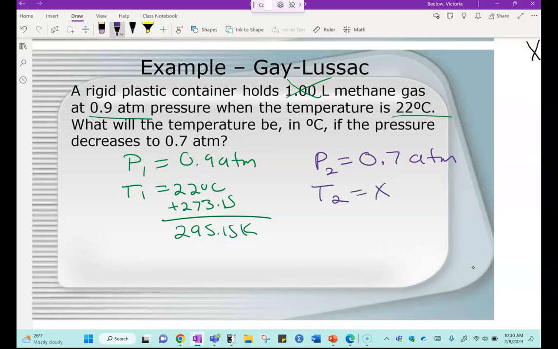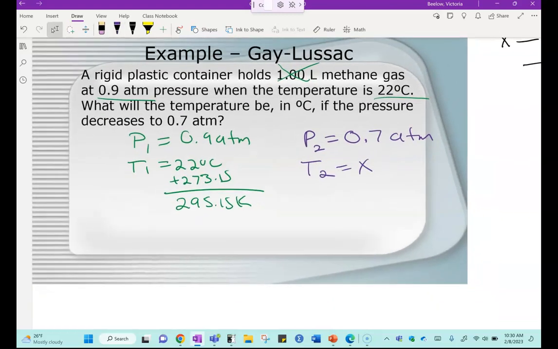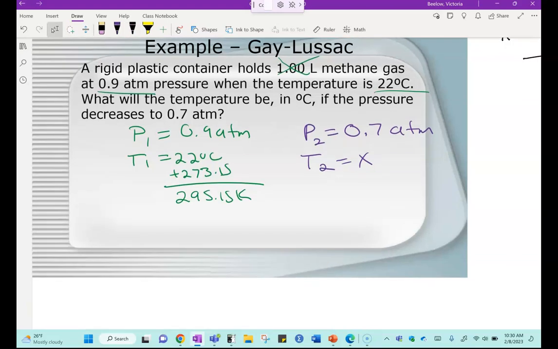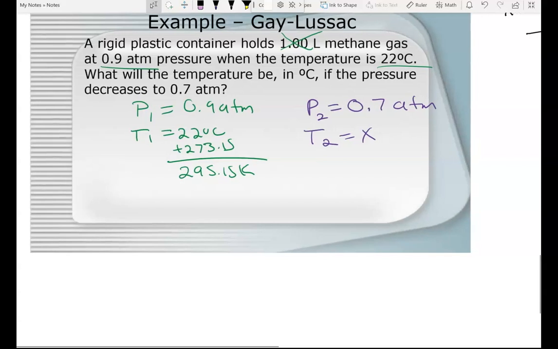So we need to solve for the final temperature. The final temperature needs to be in degrees Celsius. However, we need to plug into the equation in Kelvin, and then once we get our answer in Kelvin, we can convert it back into degrees Celsius.